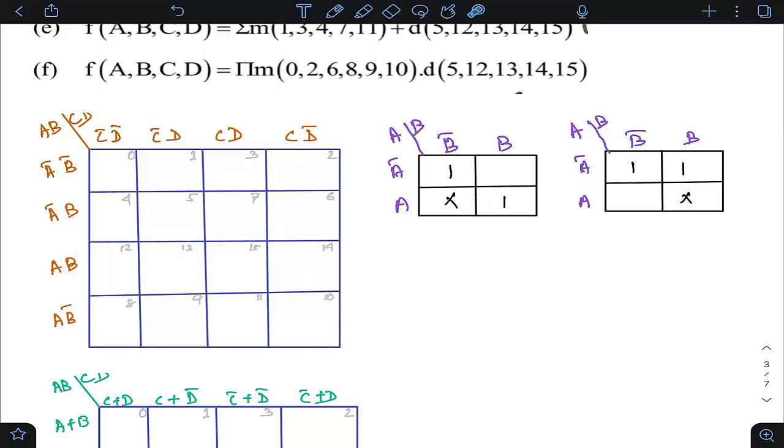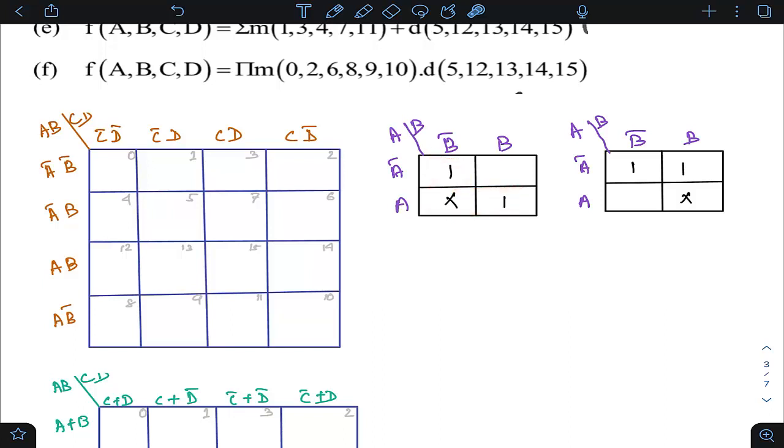So here, for example, friends, if I assume that this don't care is 0, then I have one group this one and one group this one. So I am doing two groups when I assume this cell value is 0. But imagine if this don't care value I take as 1, I will be getting a group like this and a group like this. In this case also I'm doing two groups. But what is the difference?